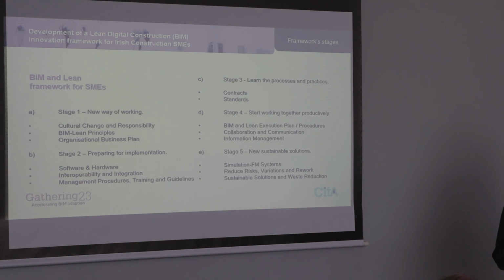Using simulations, those can be, for example, energy simulations, how you can use FM systems, and again, finding ways to reduce risks, variations, minimizing rework, and minimizing waste, and of course using sustainable solutions.